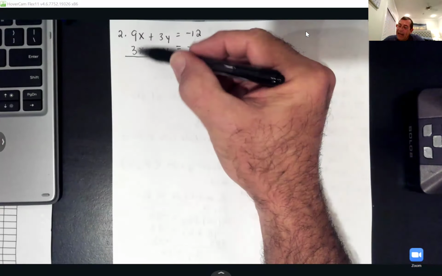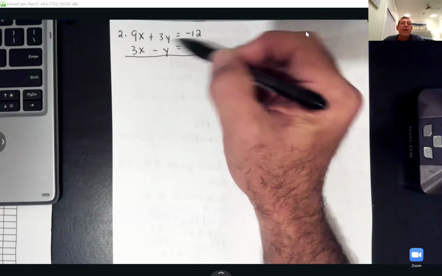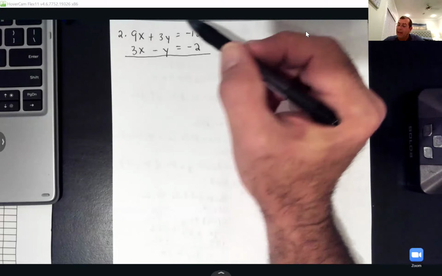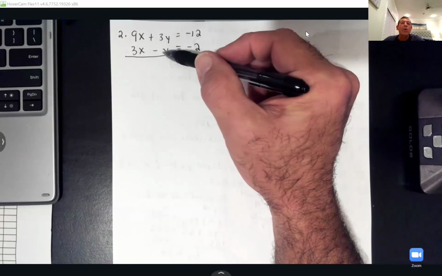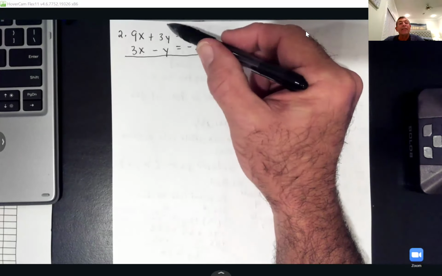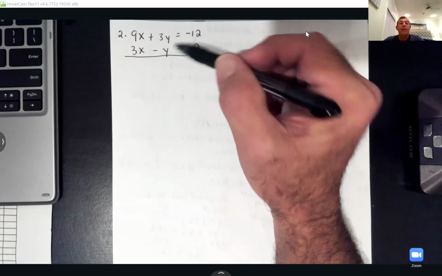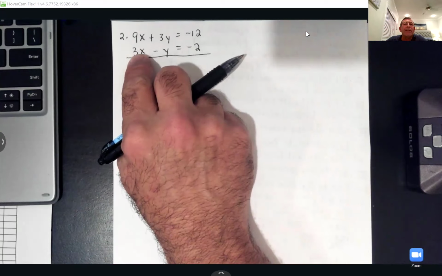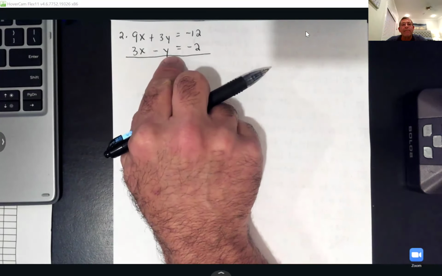So I can't add these together and get rid of my variables because 9 and 3 give me 12 x's. So that doesn't eliminate. And 3 and -1 leave me with 2 y's. So those don't eliminate either. So now I've got to choose: do I want to try to get rid of the x's somehow or the y's?